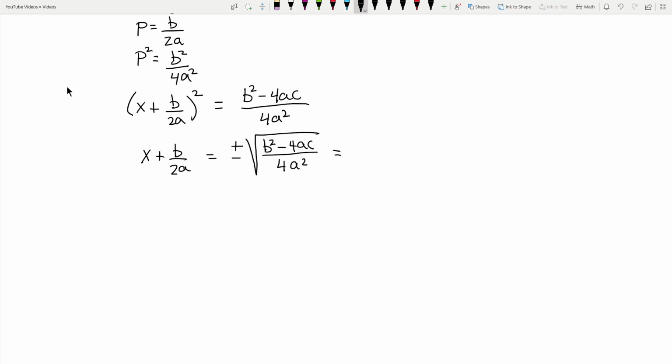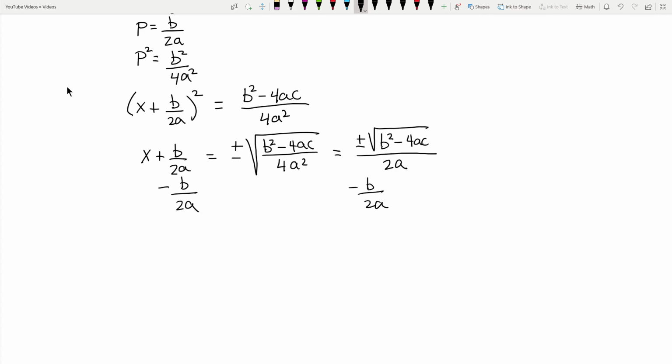And then I can simplify that, because the bottom is a perfect square. So I'm just going to put the square root over the top, and when I take the square root of the denominator, I get 2a.